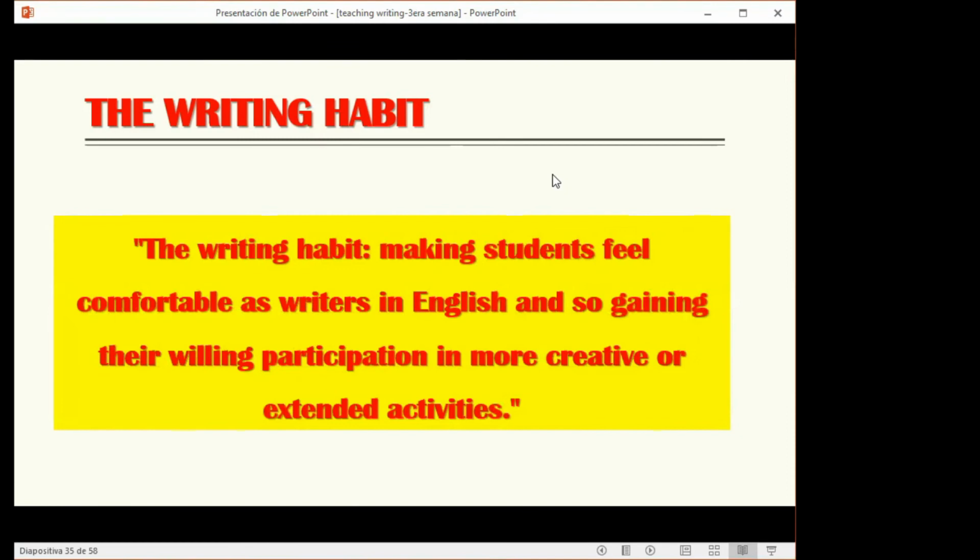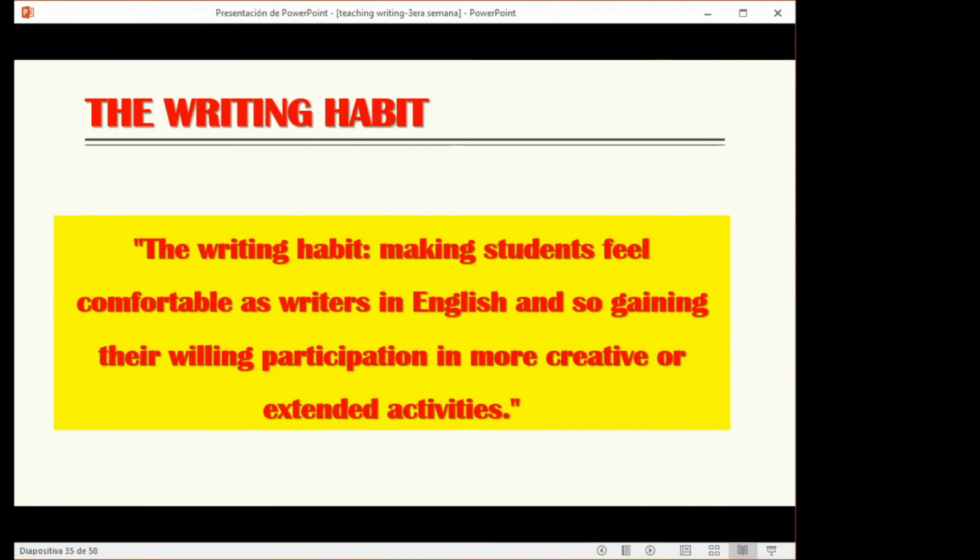So the writing habit makes students feel comfortable as writers in English, and so gains their willing participation in more creative or extended activities. Notice the last part, more creative or extended activities.